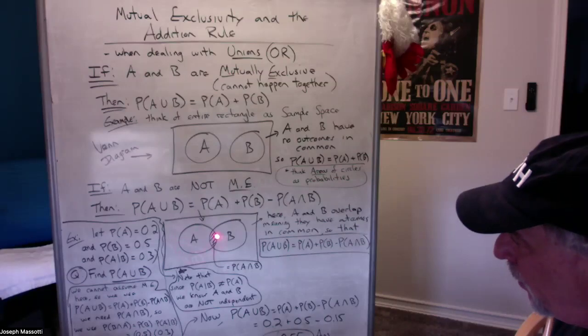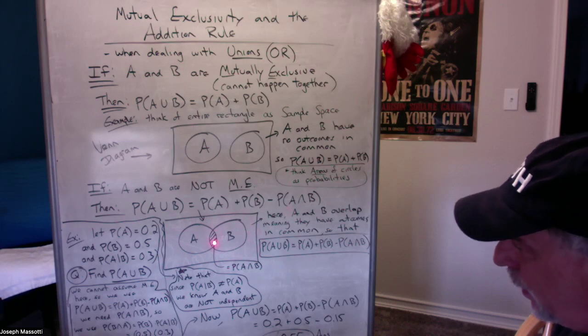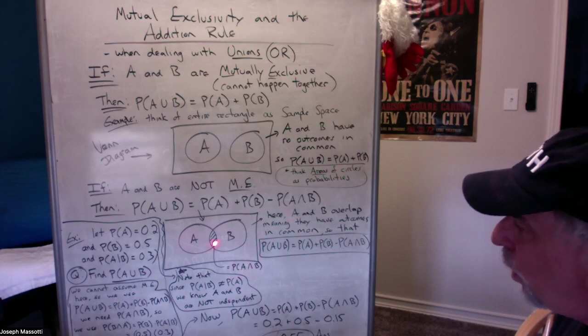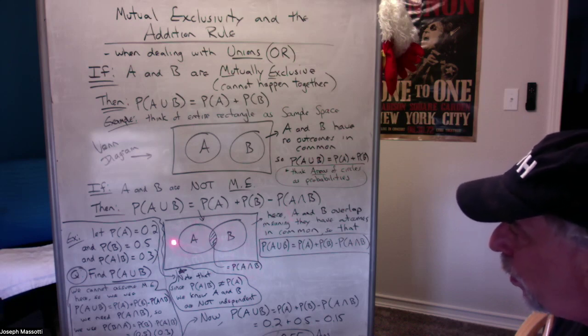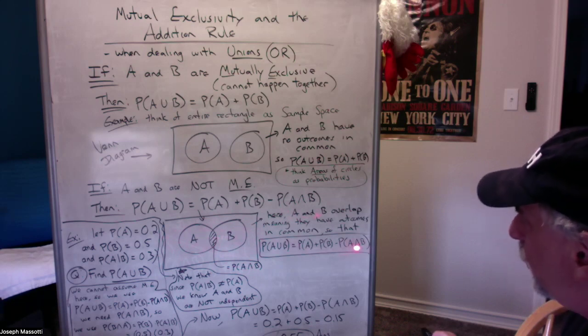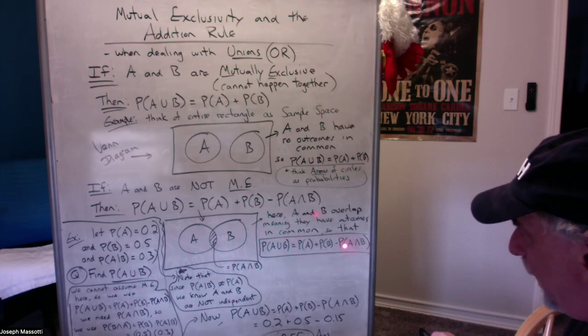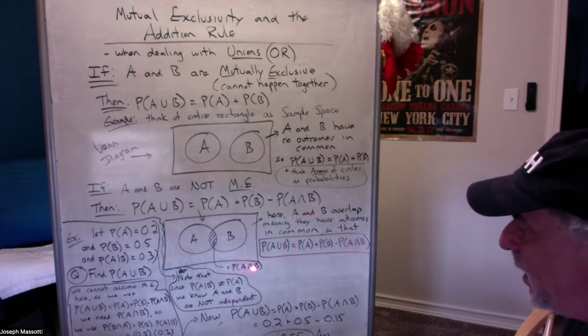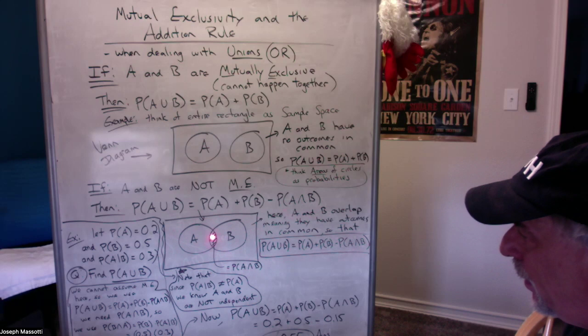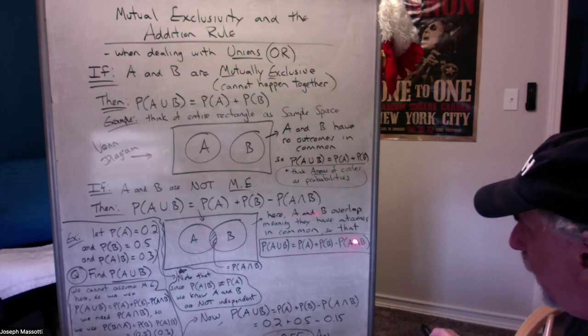When I count the probability of A, I'm counting that shaded area. And when I add the probability of B, I'm also counting that shaded area. So I'm counting this area twice. Well, all I really want is the sum total of all the enclosed area here. So that's why I'm subtracting that value once, because I added this amount twice.